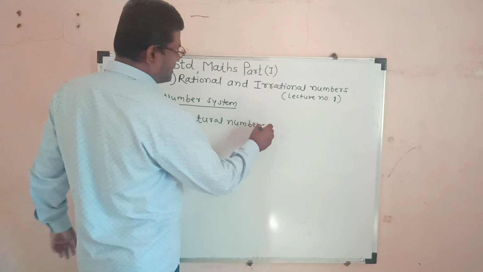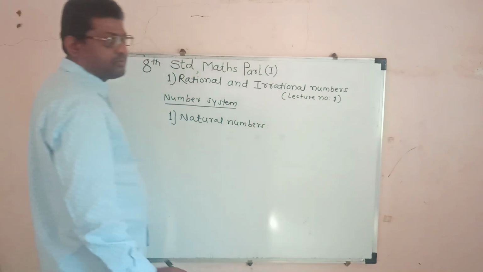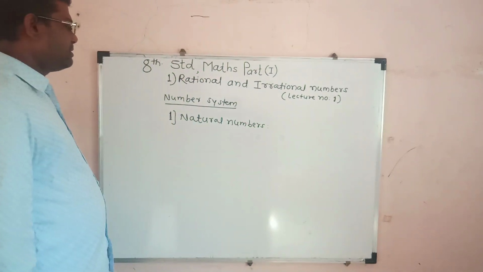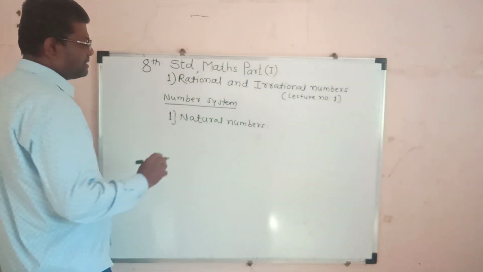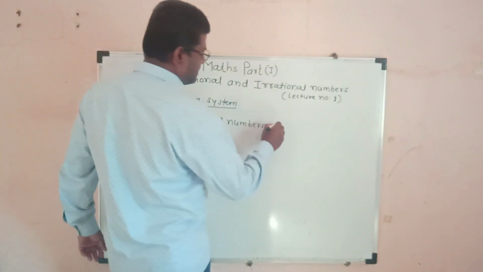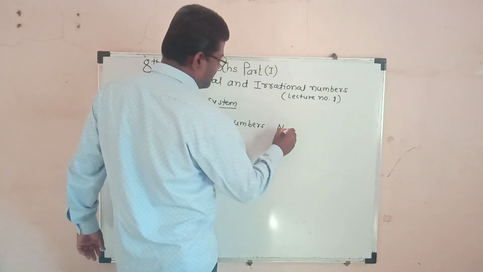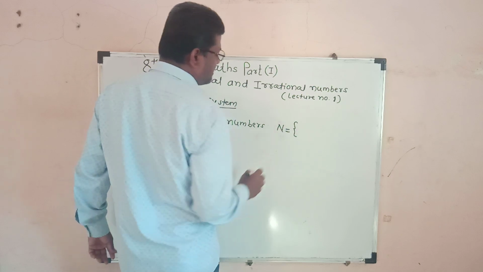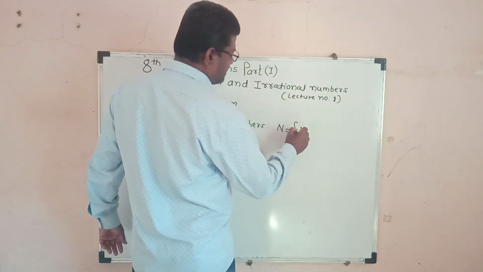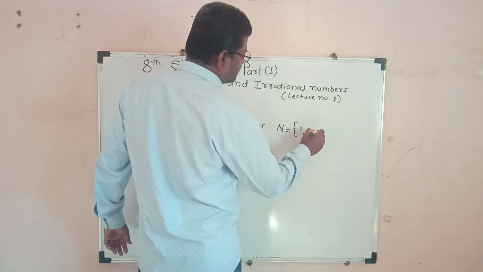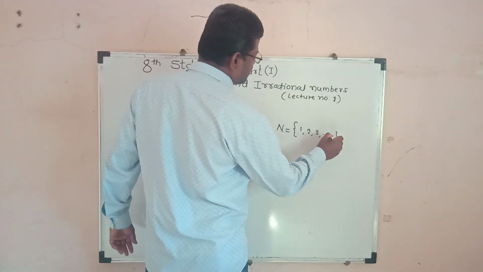Natural numbers, counting numbers 1, 2, 3, 4, and so on, are called natural numbers. The natural number set is denoted by N, and N is equal to {1, 2, 3, ...}.